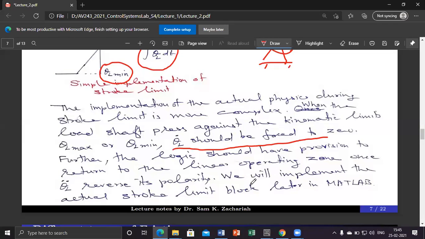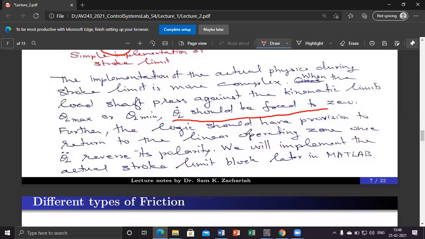The moment it hits the limit, the velocity is forced to zero. In simulation, you have to do that. Further, the logic should have a provision to return to the linear operating zone once theta L double dot reverses its polarity.